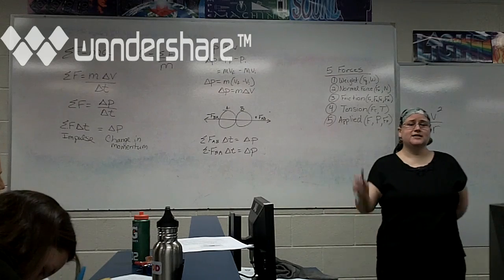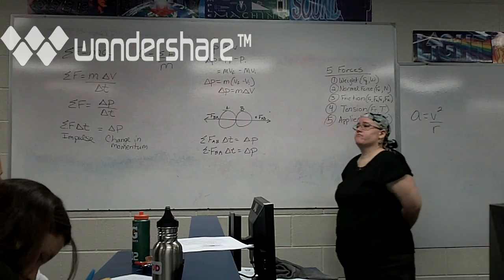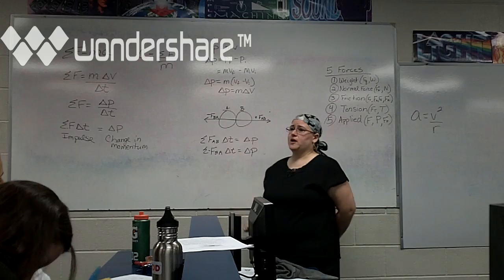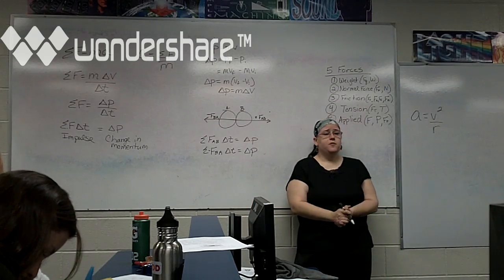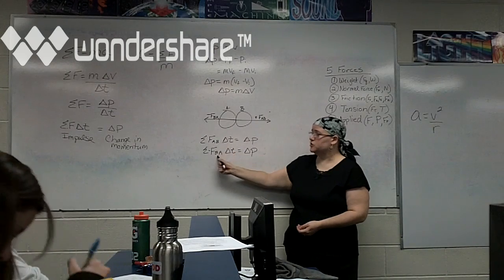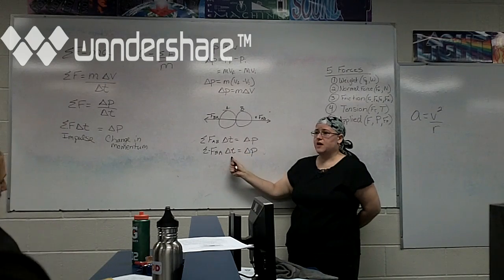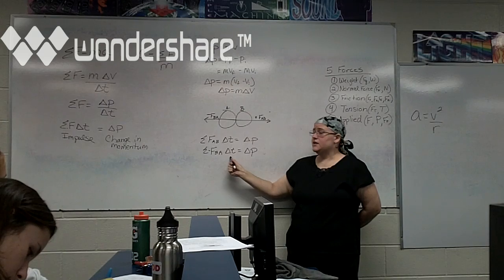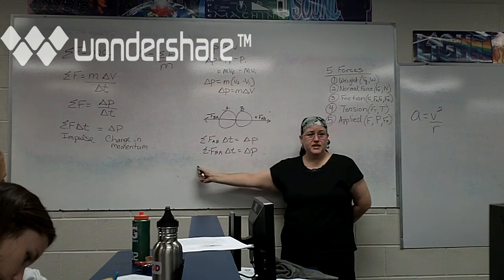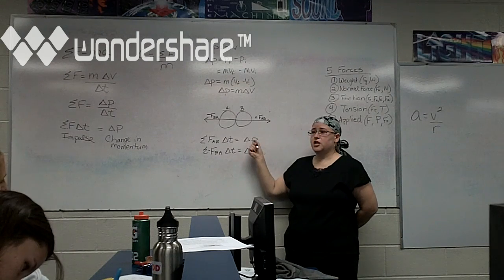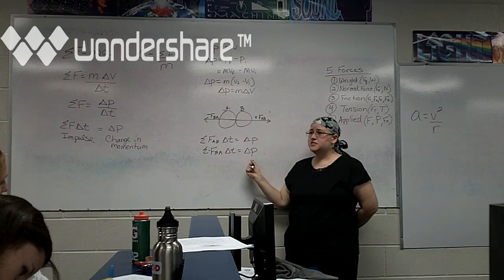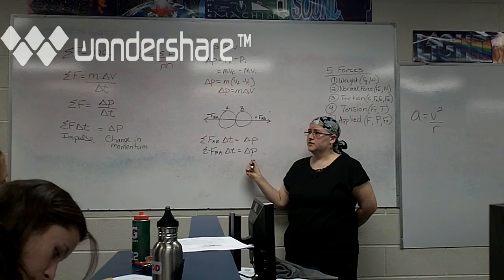If these two forces act at the exact same time, and those forces are equal but opposite, equal magnitude, so the numerical value is the same but opposite in direction, and they act in the same amount of time, then this must be equal to this. Agreed? That means the change of momentum is equal to that change of momentum.